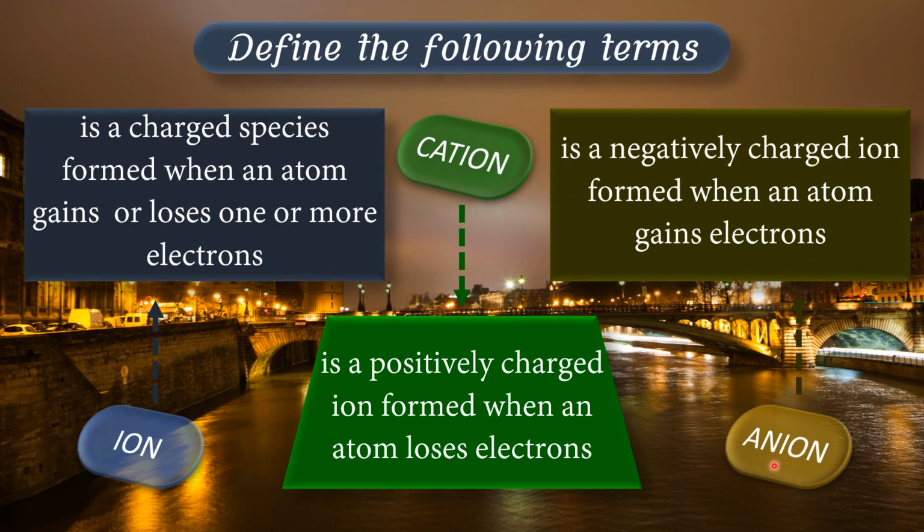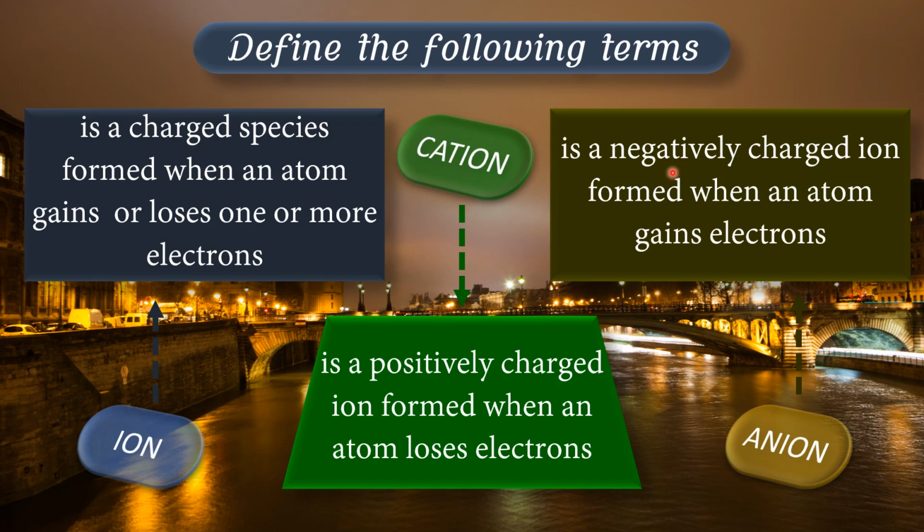We have an anion. An anion is a negatively charged ion, and it is formed when an atom gains electrons. So when an atom gains electrons, it becomes negatively charged. This is because the number of electrons is now more than the number of protons.